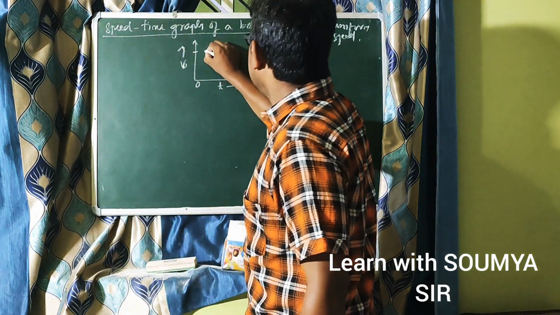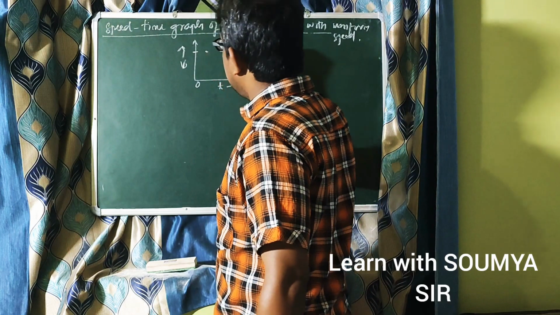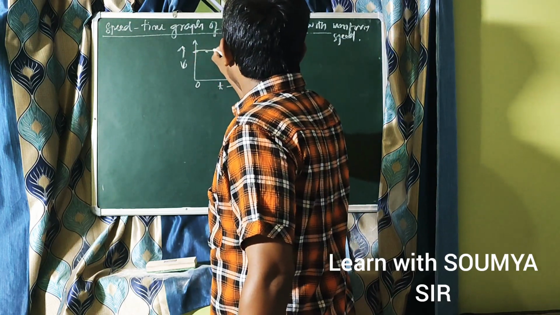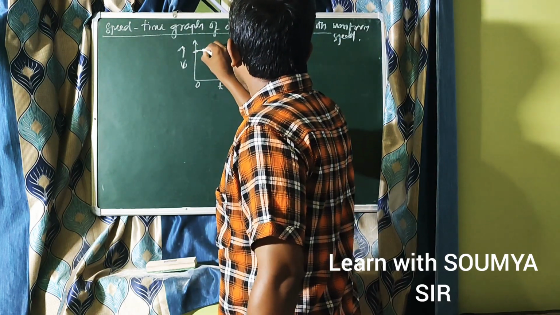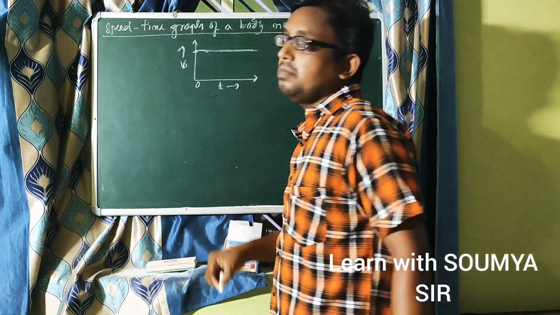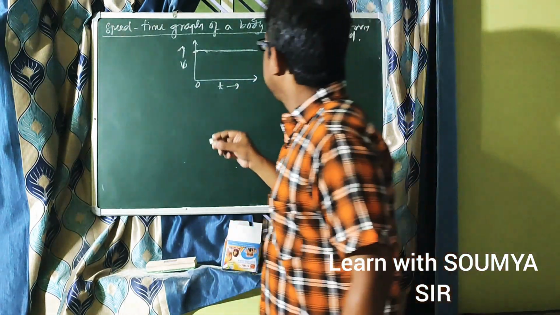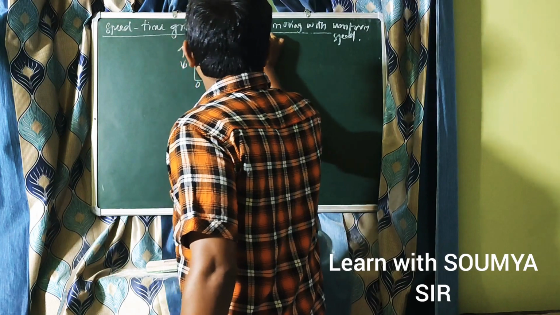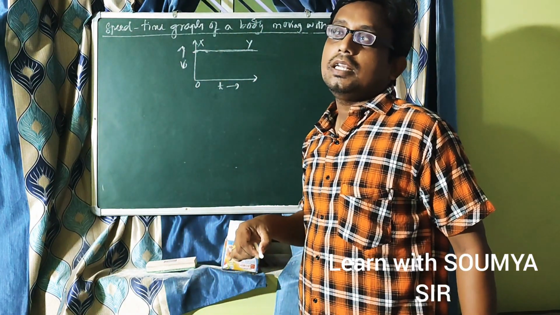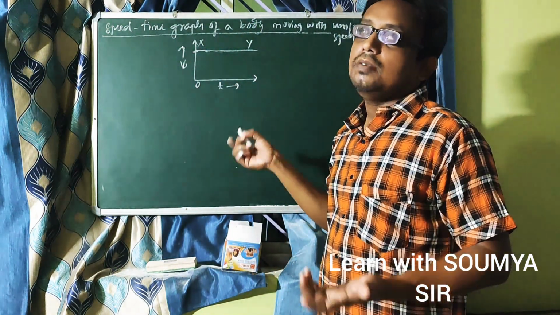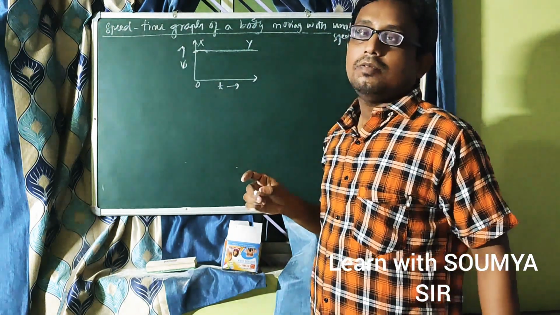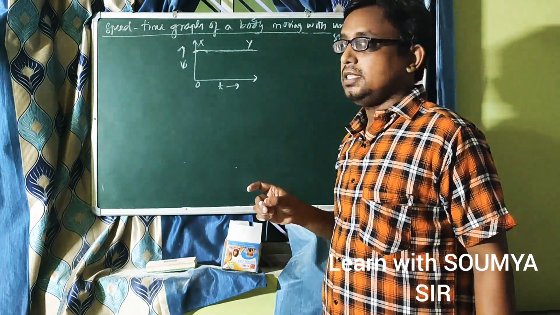Time 1, the speed is 5 meters per second. Time 2, the speed is 5 meters per second. Every time the speed will be the same. So if I join these points, it will be a straight line parallel to the time axis. Suppose this is x, this is y. This xy is the speed time graph of a body moving with uniform speed, which will be parallel to the time axis.